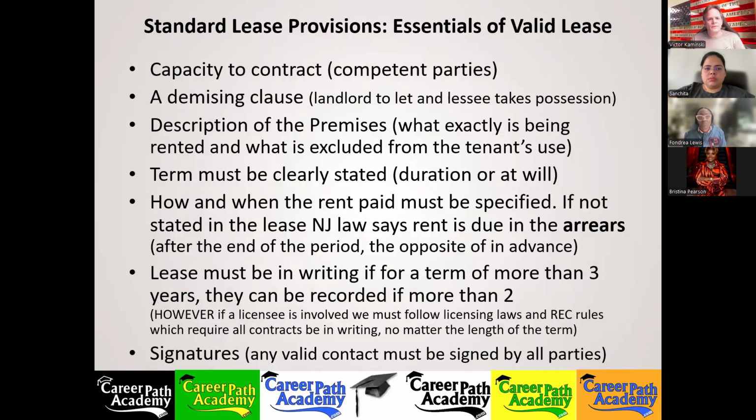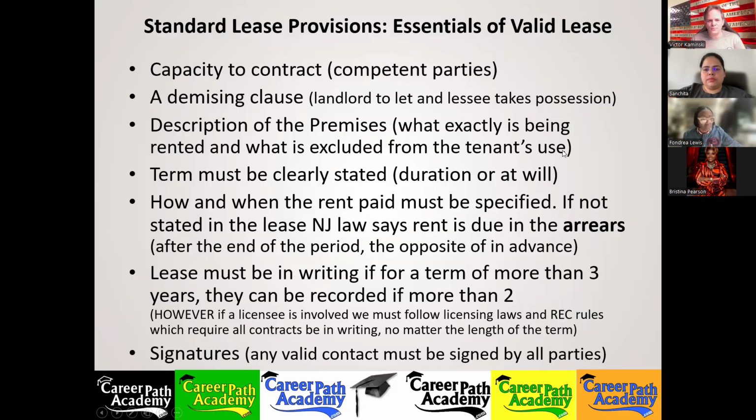Okay. So here's some standard provisions that are put in leases. Just like any contract, parties got to have capacity to contract. We need competent parties. There has to be a demising clause that says the landlord is to lease the premises and the tenant is to take possession. The description of the premises: what exactly is being rented and what is excluded from the tenant's use.